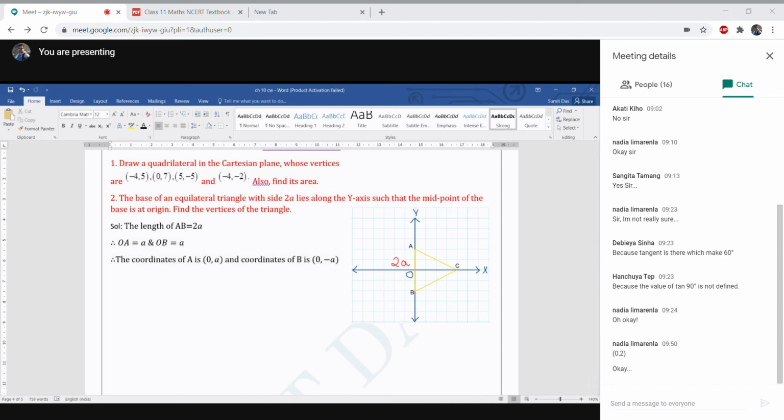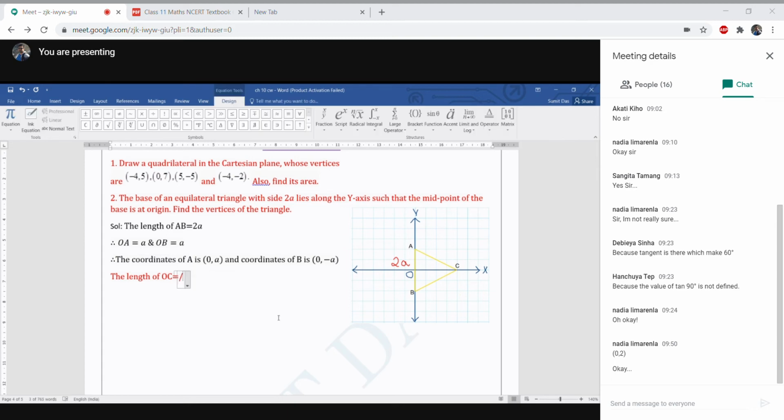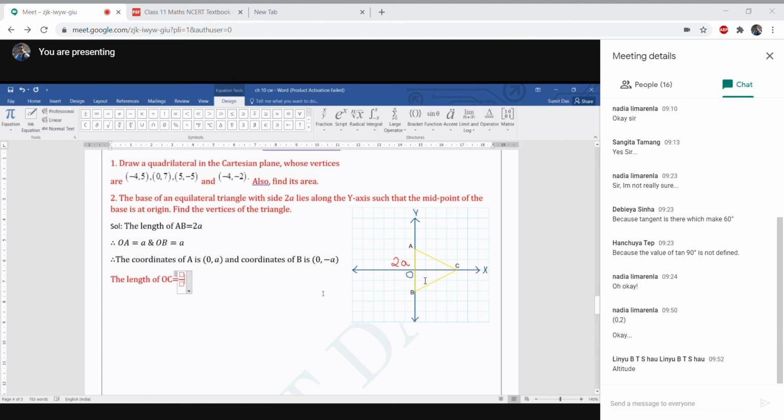There are many ways to find C. Anyone can tell me what is the length of OC? What is OC actually? What is OC for triangle ABC? All this is class 10, class 10.